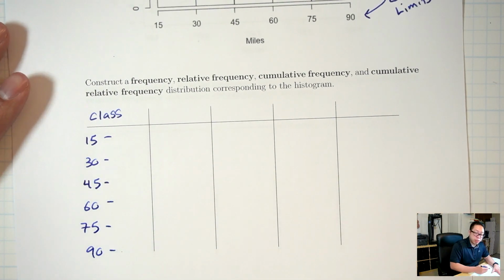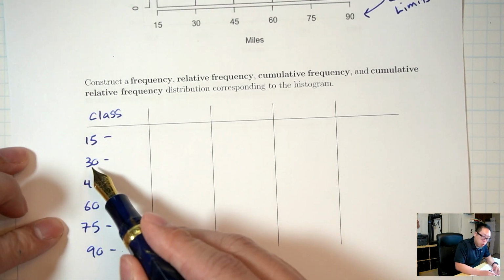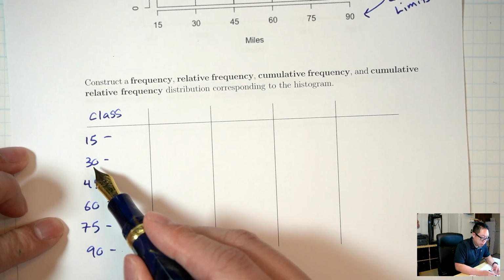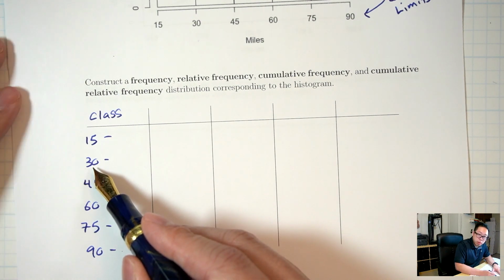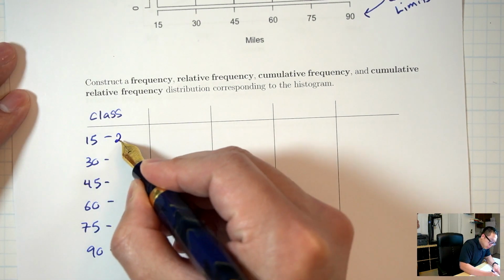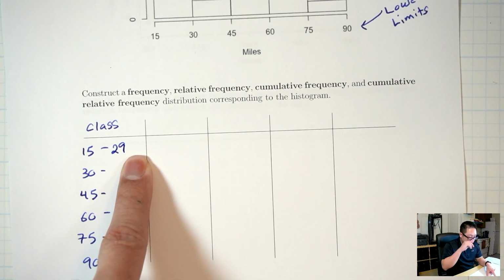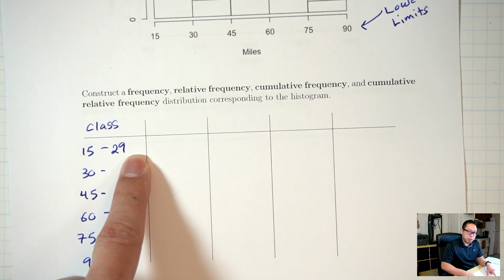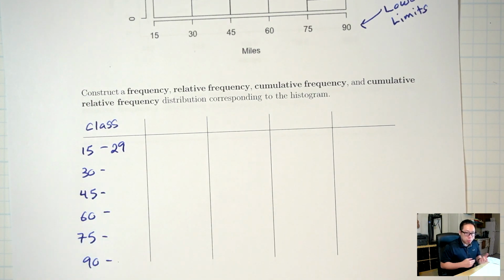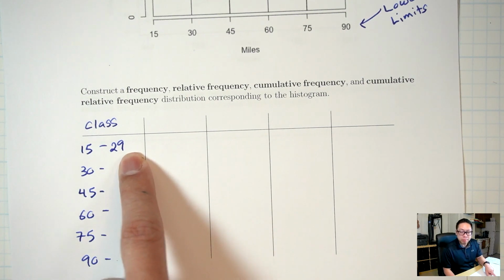Now, how do I find the uppers? Just like in the previous example, look at the next lower and go slightly below. So slightly below 30 is 29. Now, how many decimal places should I use? In the last example, I said you should match the number of decimal places with your data. If there are 2 decimal places in your data, you would put .99.